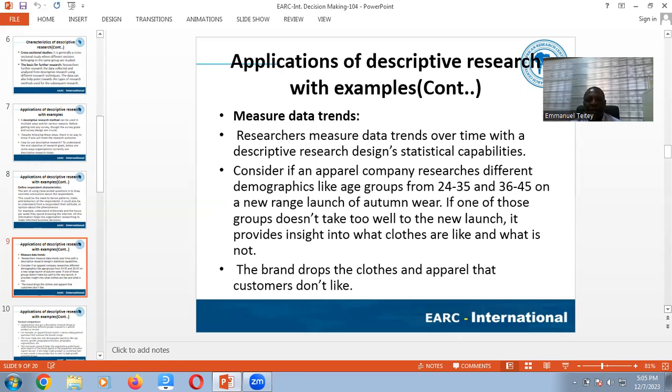If one of those groups doesn't take too well to the new launch, it will provide insight into what clothing customers like and what they do not. The brand drops the clothes that apparel customers don't like.